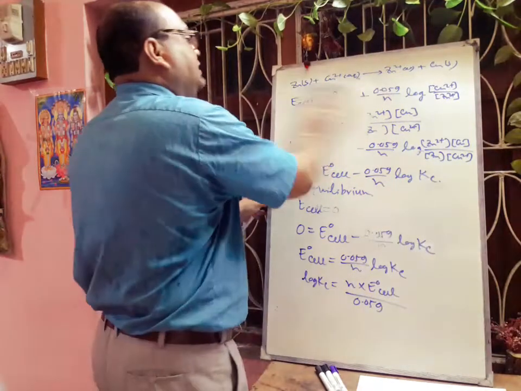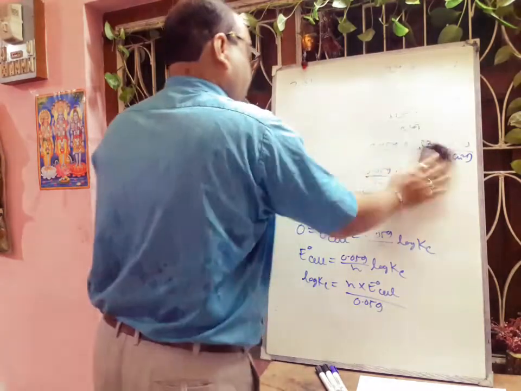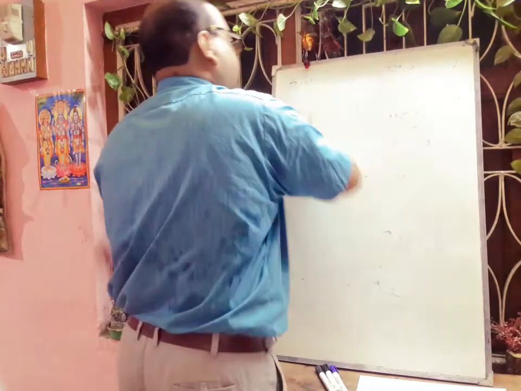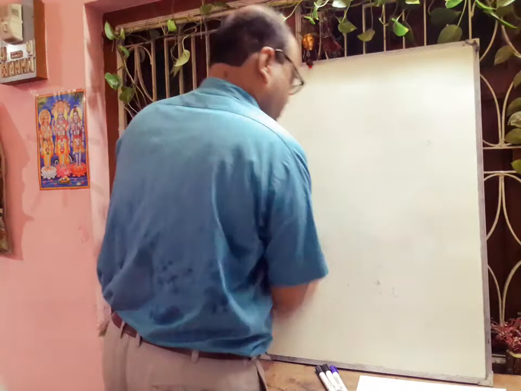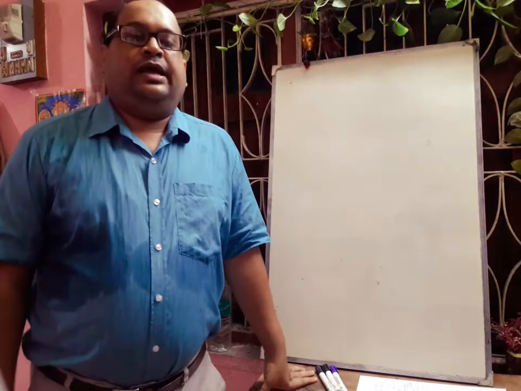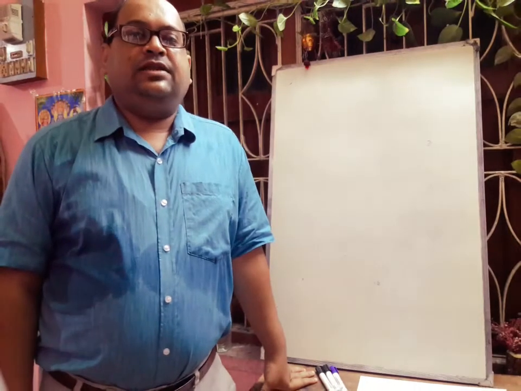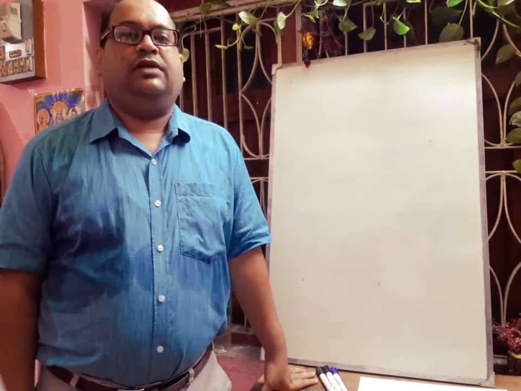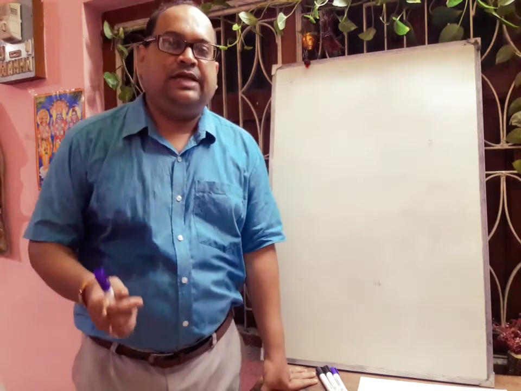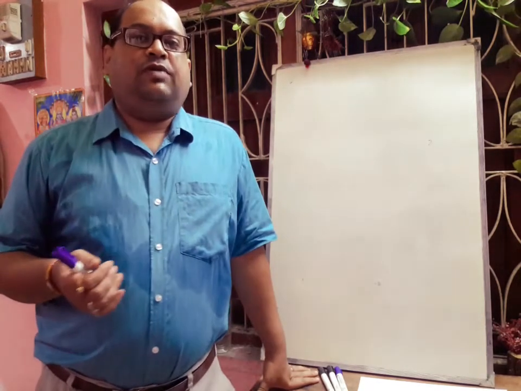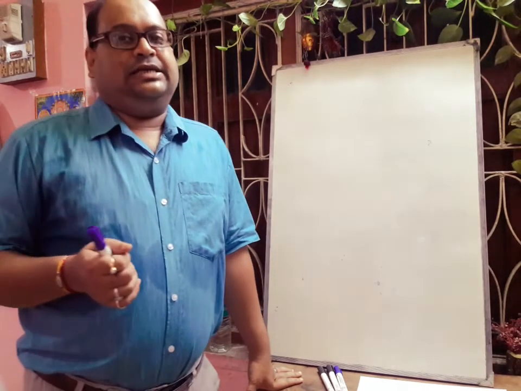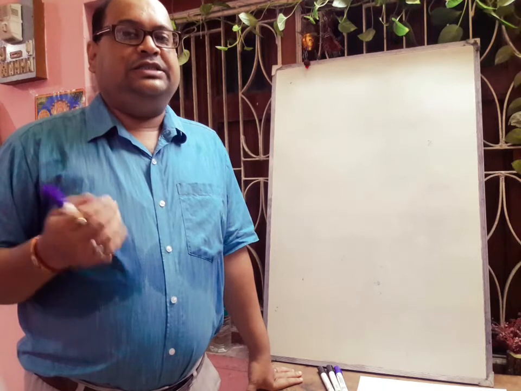This is another application of the Nernst equation. Next application is the relation of Gibbs free energy, that is the maximum work, with cell potential. We know that delta G for a reaction is a measure of the maximum useful work that can be obtained from a chemical reaction, and it can be related with cell potential.